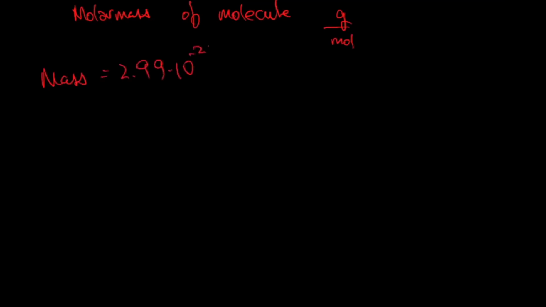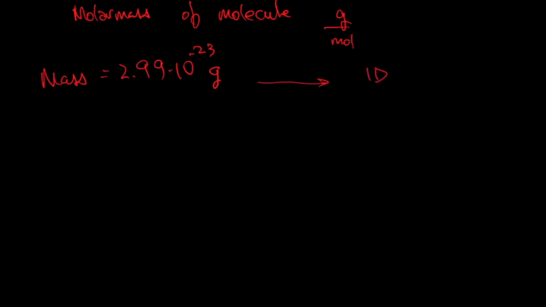And remember, molar mass is grams per mole. The mass is 2.99 times 10 to the minus 23 grams, okay? And what is the identity? So from the molar mass, I should be able to ID the element.